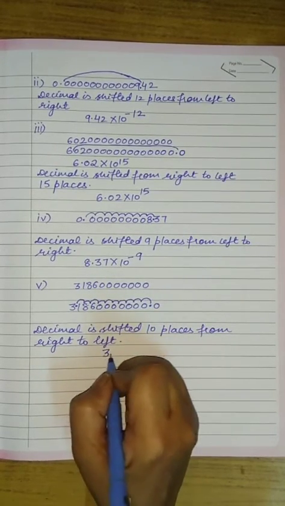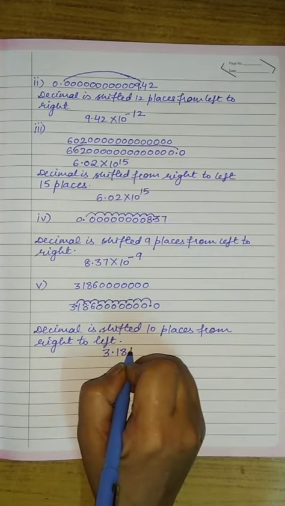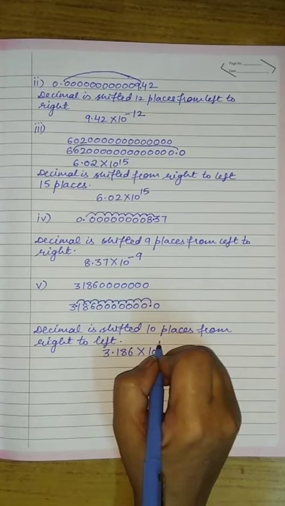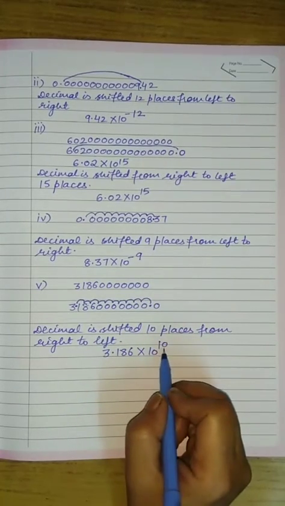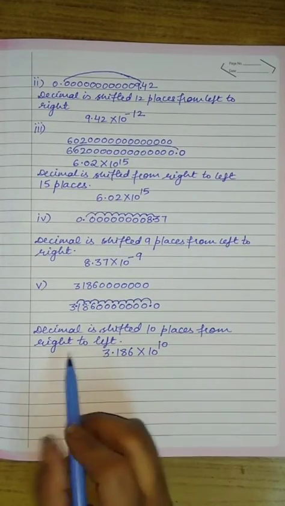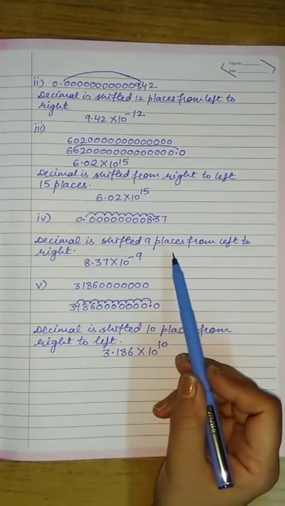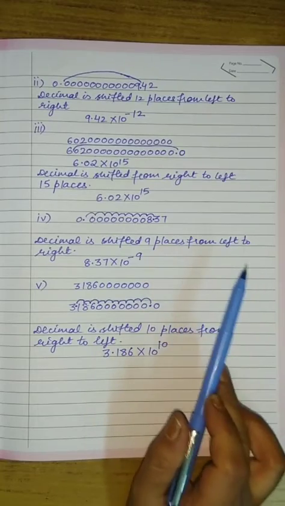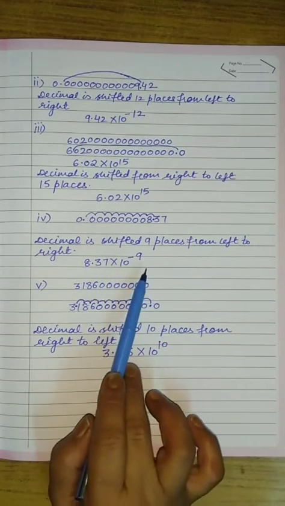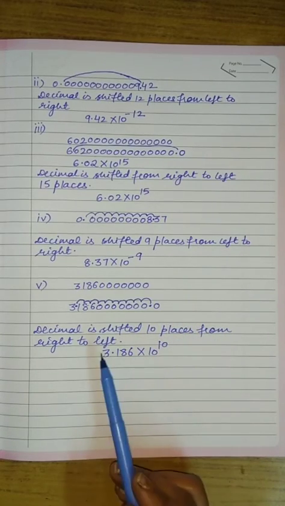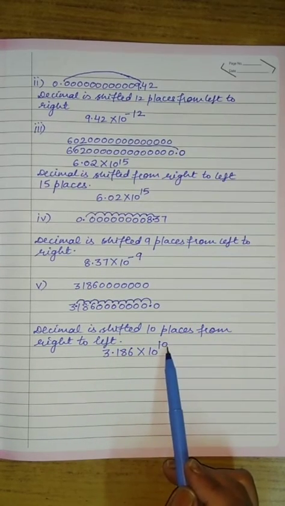So our answer is 3.186 into 10 raised to power 10. The exponent is positive because the move was right to left. So always remember, whenever we are shifting the decimal from left to right, the exponent will be negative, and when we are shifting the decimal from right to left, the exponent will be positive.